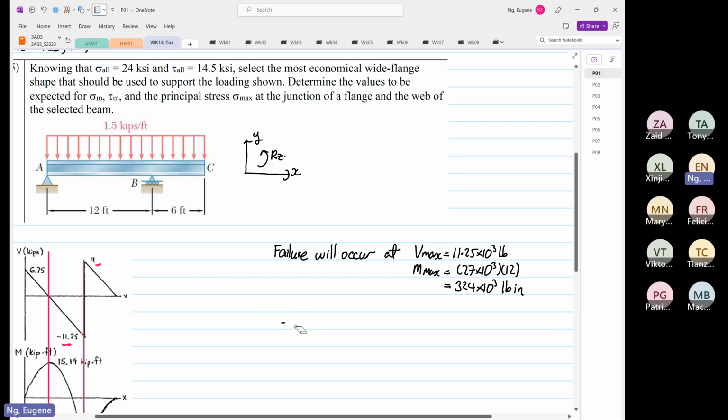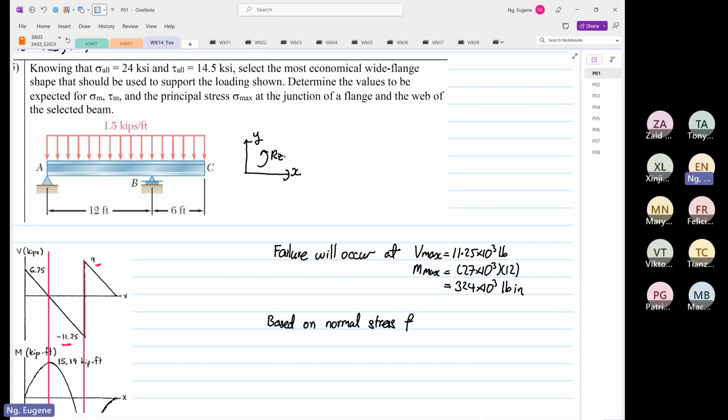Before I go on, we are going to do it based on normal stress first. One thing about this question is we know that the allowable is 24 times 10 to the power 3.